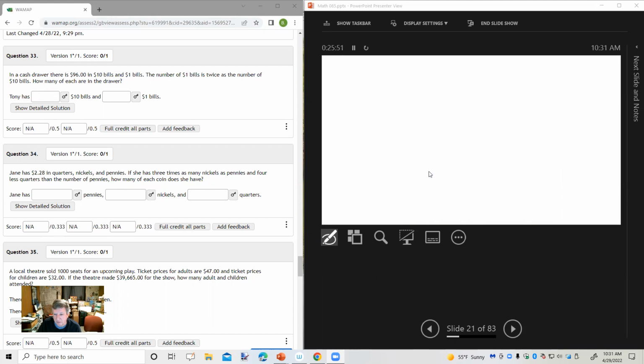Okay, so this first question comes from a certain person's review, from the review problems, and this is number 33. It says, in a cash drawer, there are $96 in $10 bills and $1 bills. The number of $1 bills is twice as the number of $10 bills. How many of each are in the drawer?